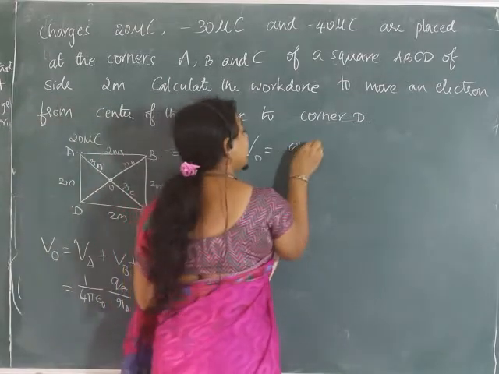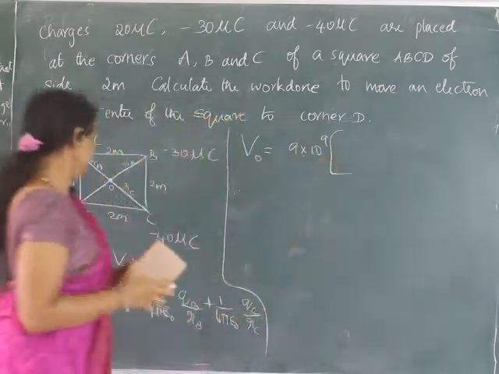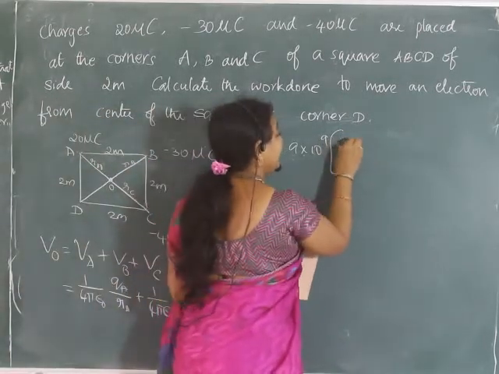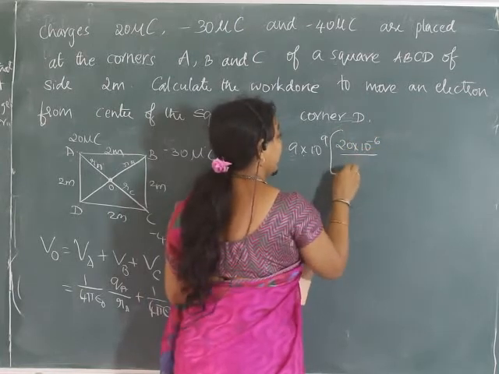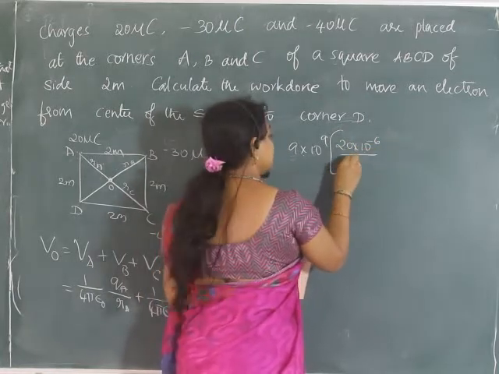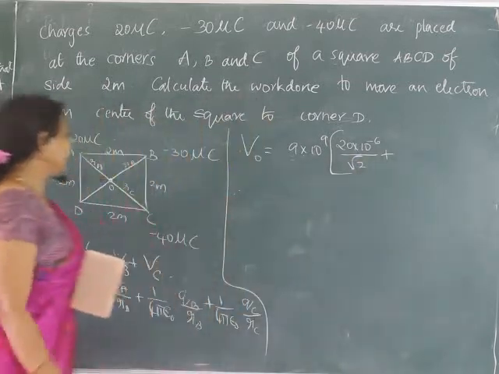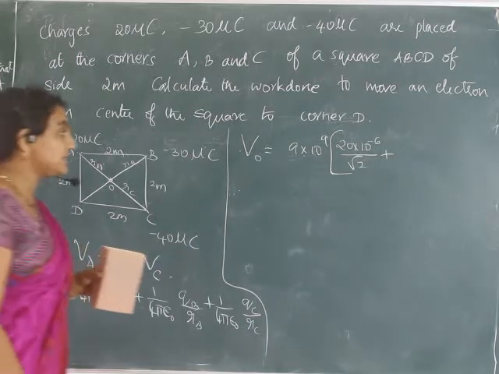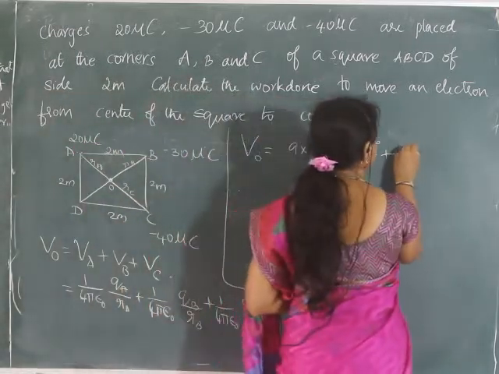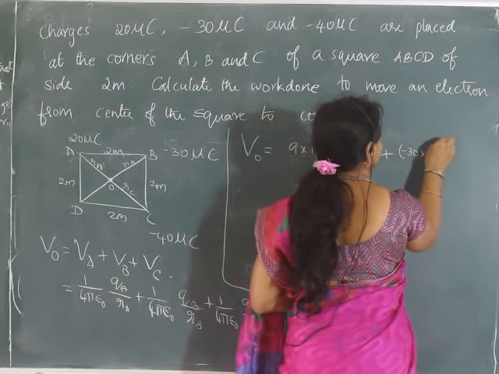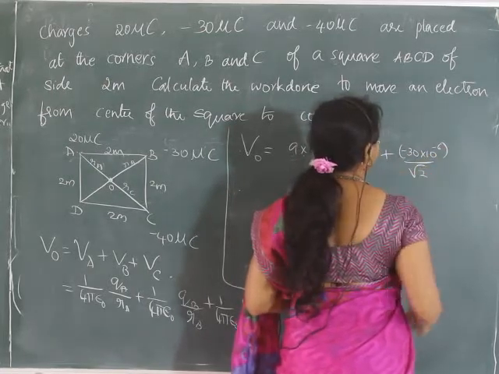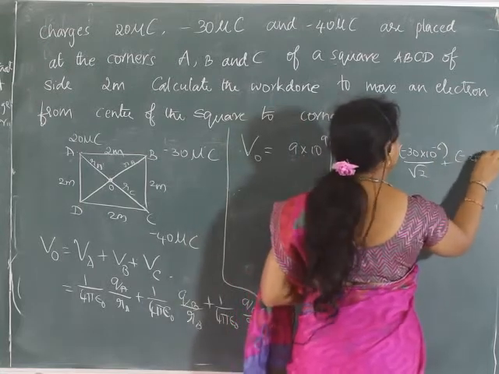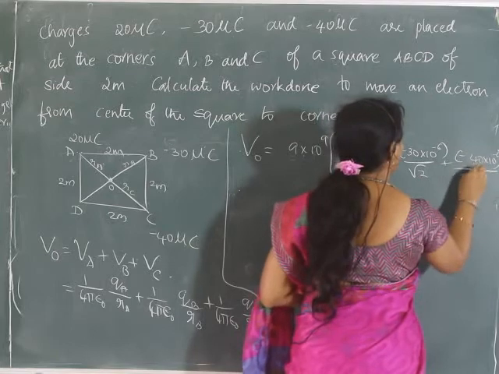So, 9 into 10 to the power 9, QA 20 micro, 20 into 10 to the power minus 6 divided by OA, which is nothing but root 2, plus minus 30 into 10 to the power minus 6 divided by root 2, plus minus 40 into 10 to the power minus 6 divided by root 2.